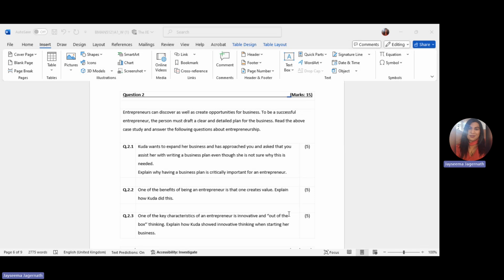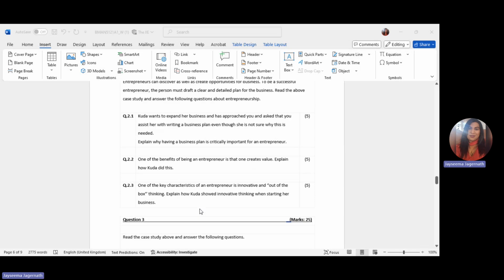Okay. You also need to remember that entrepreneurs are responsible for value creation in a sense that they develop and create ideas that nobody else can. They then create businesses, they contribute to the GDP, the growth of the economy, and they provide jobs, right?